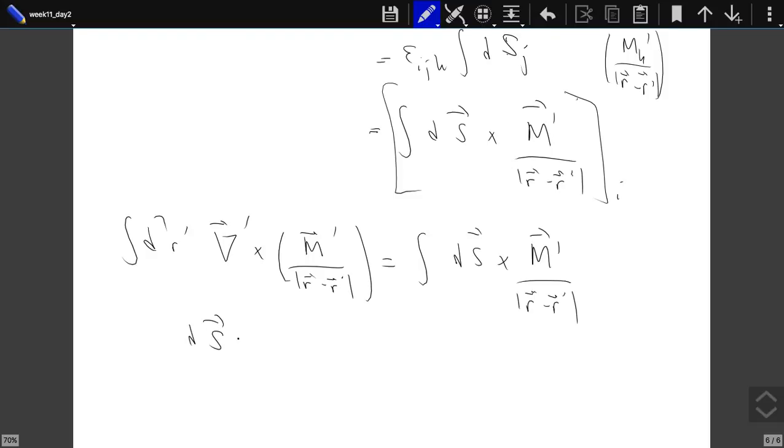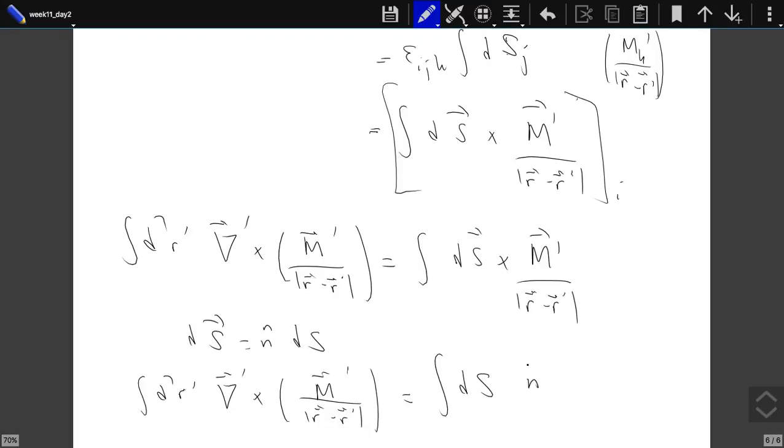But this dS vector is in the normal direction, and let me write the magnitude as dS. So this d cubed r prime, curl with respect to prime coordinates of M prime over |r minus r prime|, is equal to dS n cross M prime over |r minus r prime|.